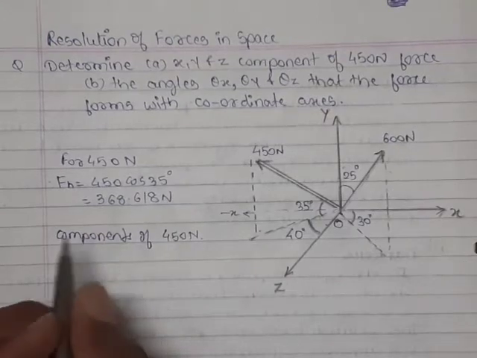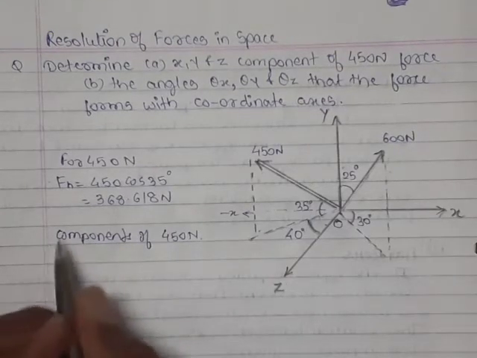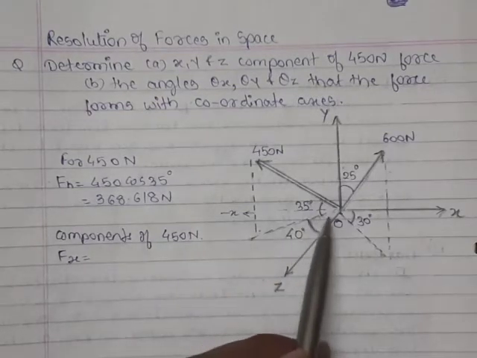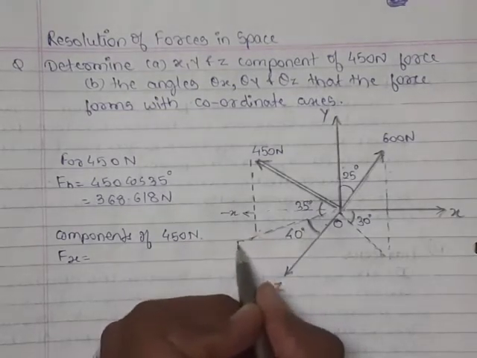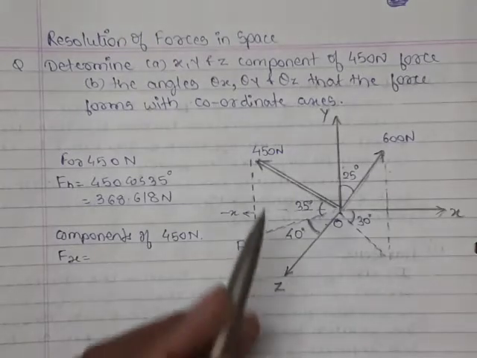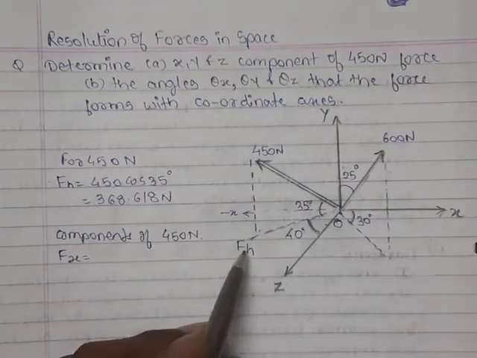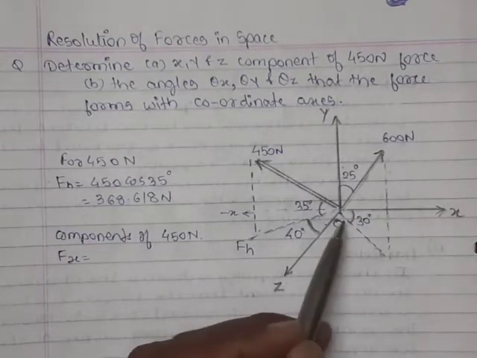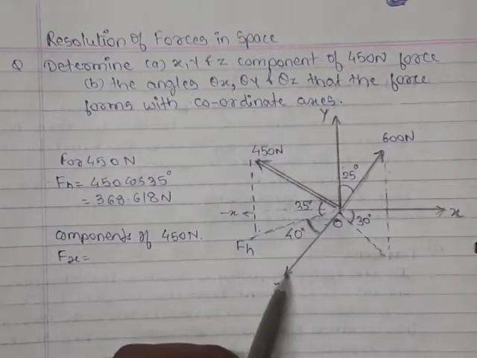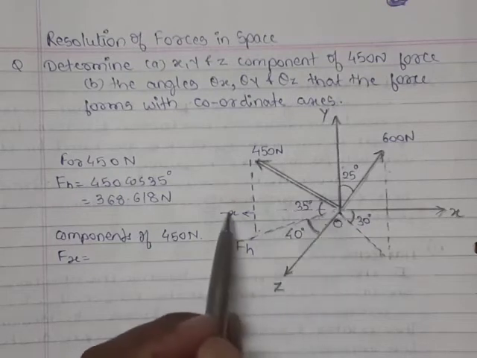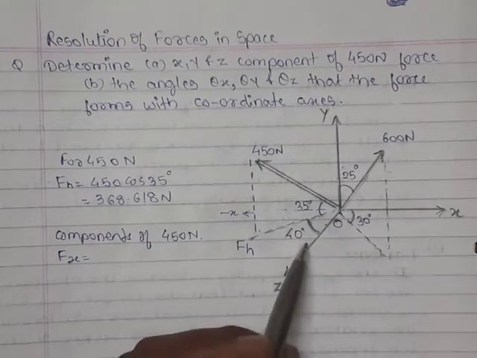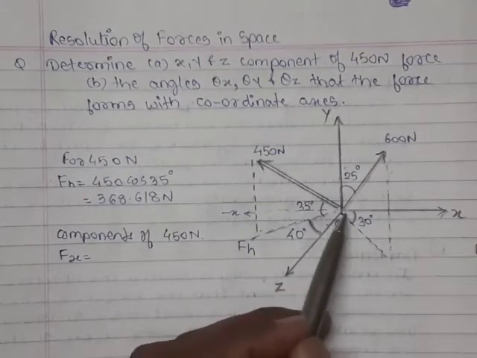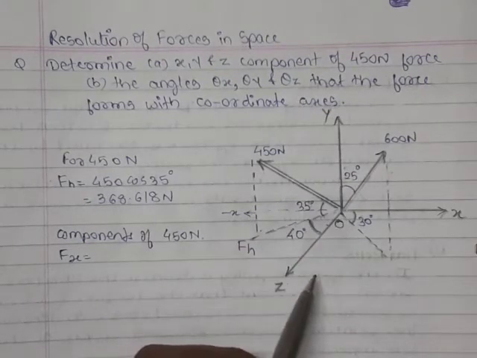First we'll find the component of the 450 Newton force along the x axis. Now we have got the FH component; this line denotes the FH component of the 450 Newton force. This FH is making 40 degrees with the z axis. So this will be the side adjacent to the angle, and the x axis will be the side away from the angle. So this will become the cos component of FH, and this will become the sine component of FH.